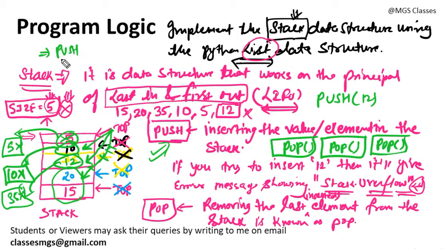You can push elements into the stack until the stack is full. If the stack capacity is 5, your stack can hold 5 values, and it will be full after inserting 5 values.